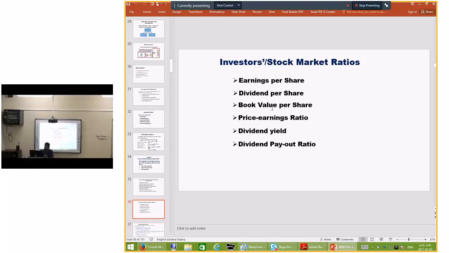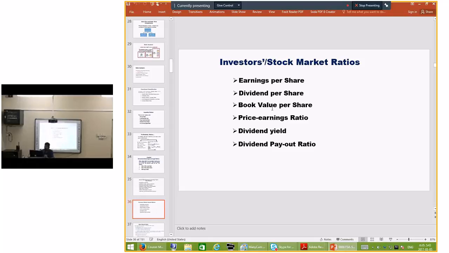Then book value per share or net asset per share, price earning ratio. The price earning ratio is normally given in times. If it is 6 times, that means we have to wait 6 years to cover today's investment in this share.